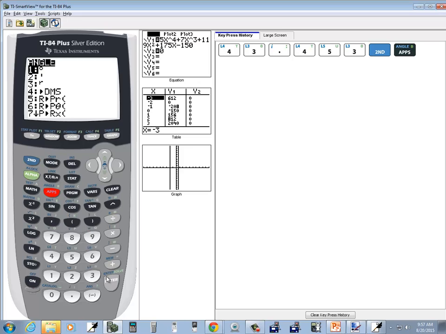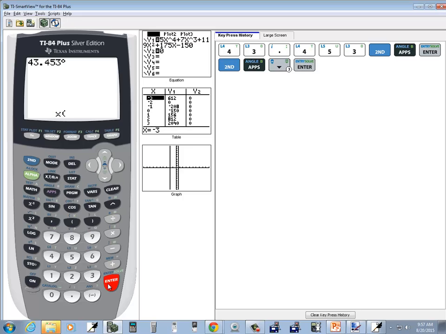Now choose degrees. So we got this in degrees. We want to convert this to degrees, minutes, and seconds. Well, I go back into my angle. And then I want to choose number 4, DMS, degrees, minutes, seconds. And the little arrow in front of it means we're converting that to that form. So then I press enter on that, and I press enter again.